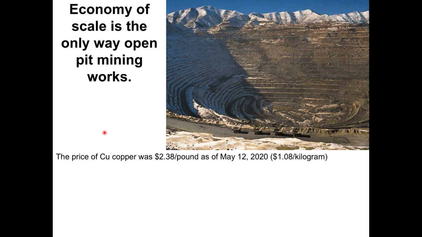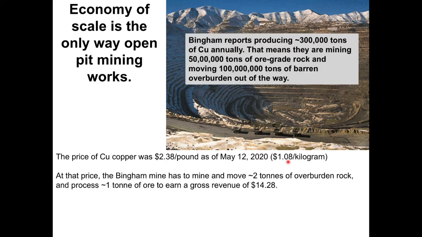So per pound of actual metal copper at the end of all the mining operations that the company can sell is $2.38 per pound, or $1.08 per kilogram. At that price, Bingham Canyon has to move and mine 2 tons of overburden and process 1 ton of ore in order to earn a gross revenue of $14.28.